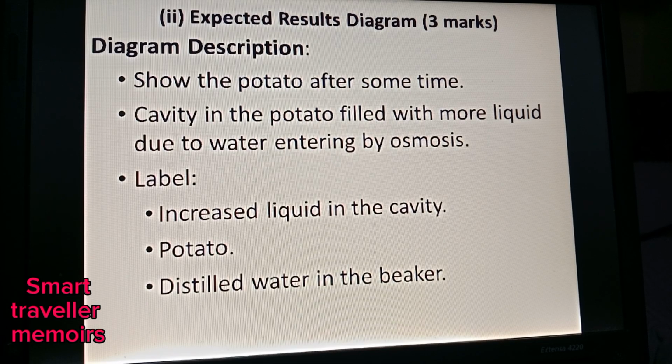Diagram description of the expected results. You are going to show the potato after some time. The cavity in the potato is filled with more liquid due to water entering by osmosis. And then you label: increased liquid in the cavity, potato, distilled water in the beaker.